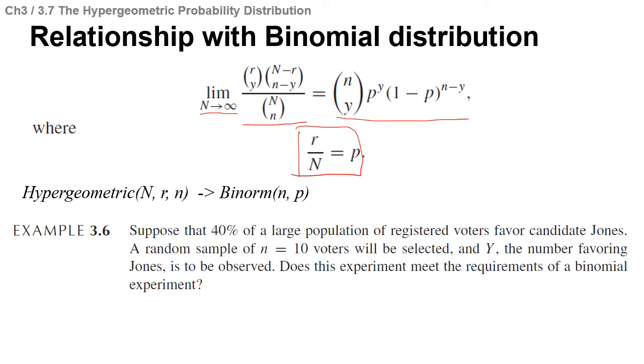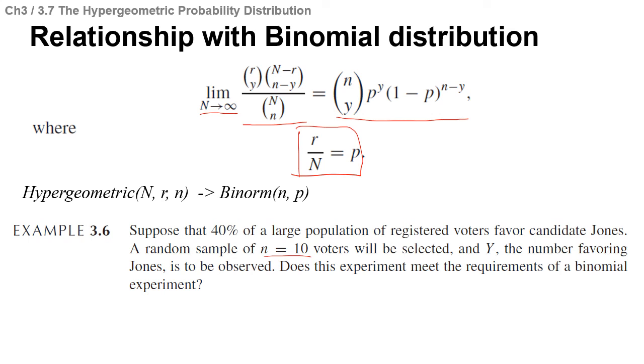Okay, we can understand this situation by considering this example. This example is from the binomial distribution, and here suppose that 40% of a large population of registered voters favor candidate Jones. A random sample of n equals 10 voters will be selected, and y, the number favoring Jones, is to be observed.